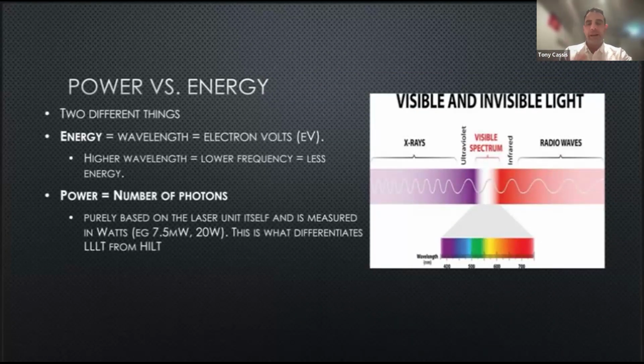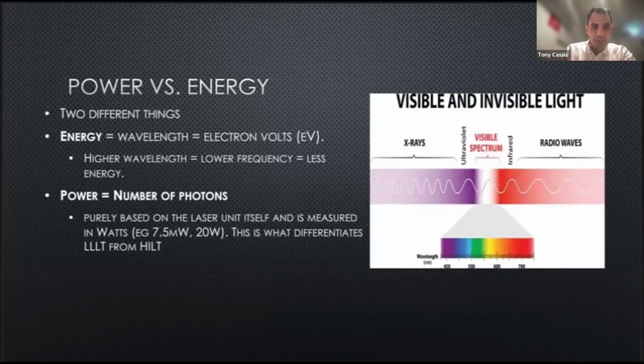When we talk about nanometers, per photon of energy, a red laser is closer to 600, 635, 700 nanometers. That's how much energy is available per photon. The violet is down at the lower end, around 400 nanometers.